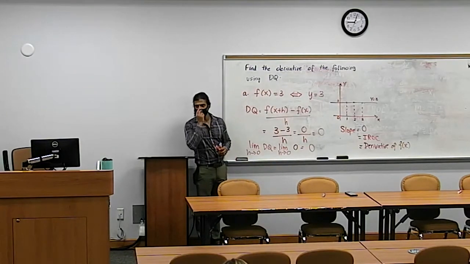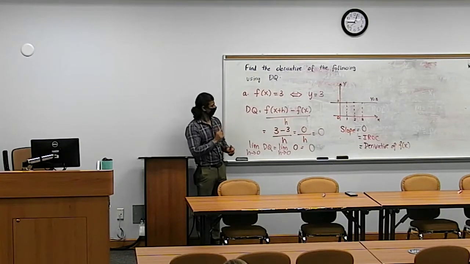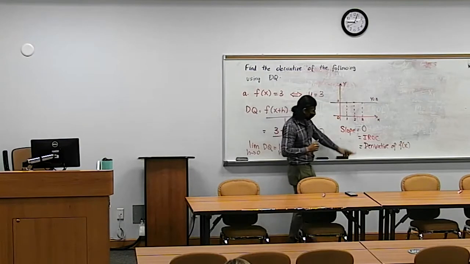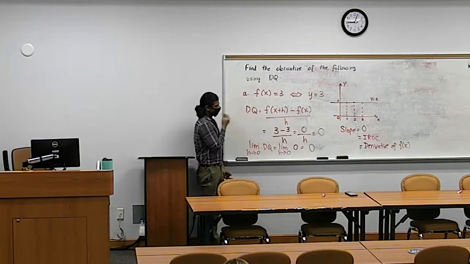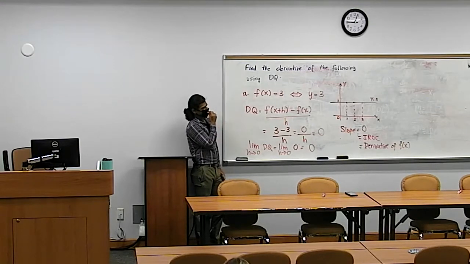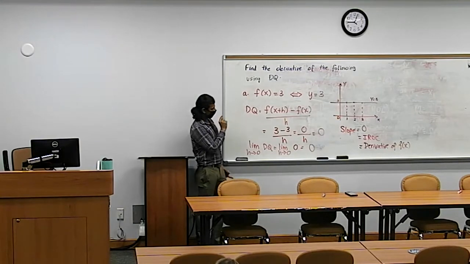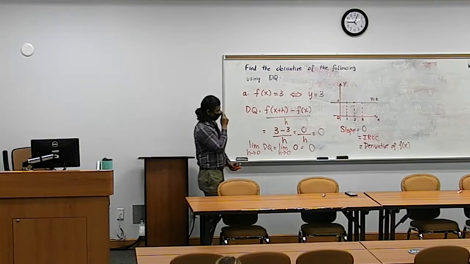Good? Any questions before we move on? So we got the exact same answer. There we simply used thinking. Here we used a bit of calculus. But we ended up getting the same answer. Good? I'll give you a few seconds to copy, and then we could go on to the next problem.